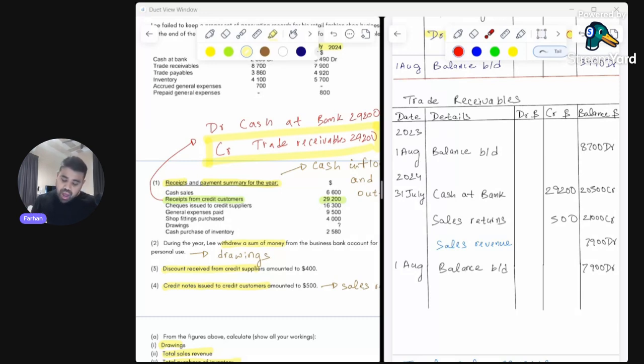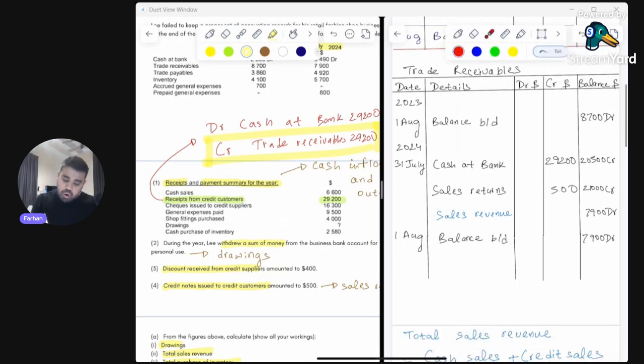You will see that at 31 July 2024, we have got some payment from trade receivables, which reduces the balance. And this is also supported by the journal entry we have done here, where the trade receivables is being credited. So here you can see trade receivables is credited by $29,200, mainly because we have received money in the cash at bank account.